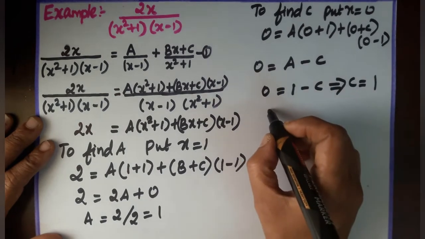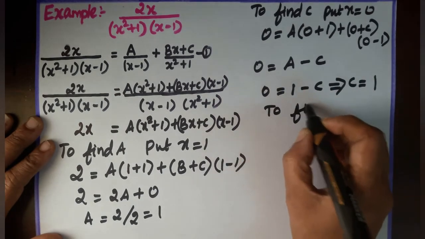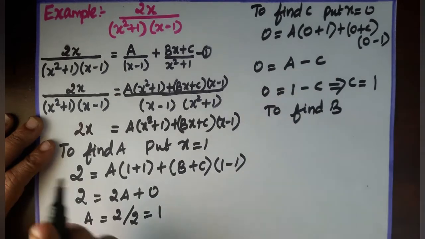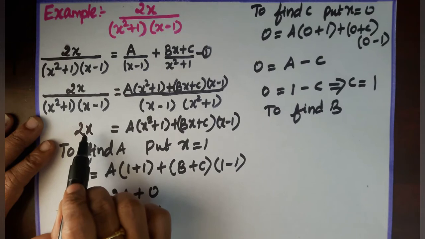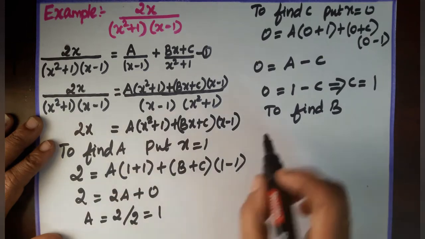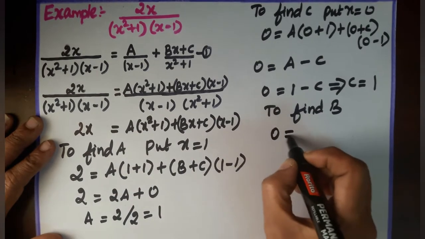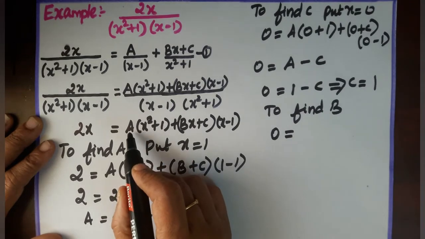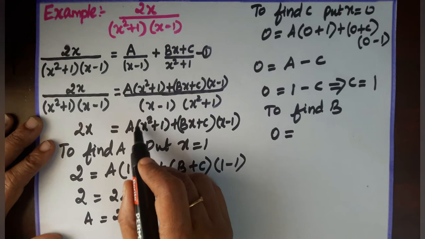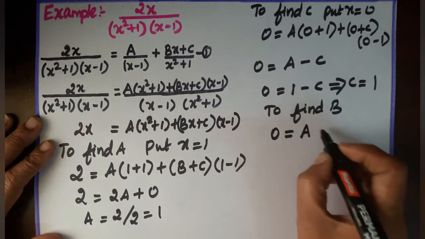Next, we need to find b. To find b, I am going to equate the coefficient of x square. The left side, I am not having a coefficient of x square, so left side is 0. Right side, see the first term. Coefficient of x square, that is a x square, the coefficient of x square is a.